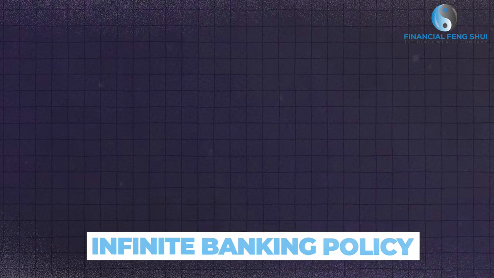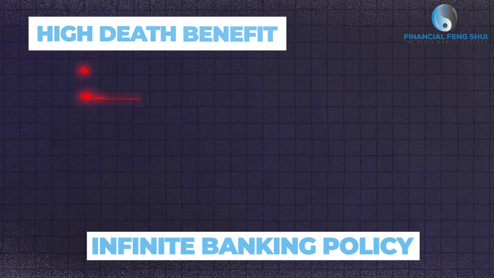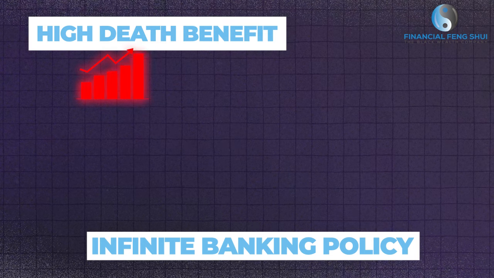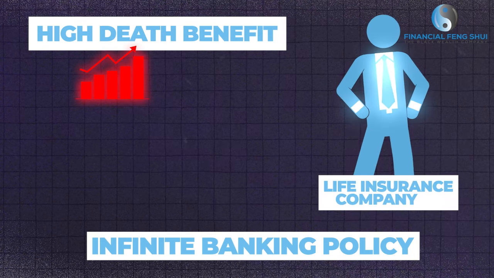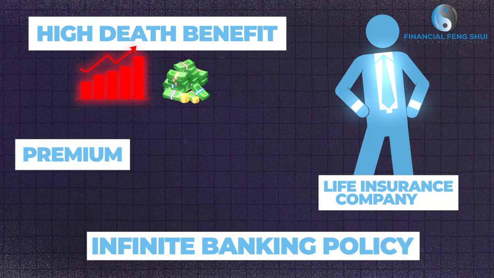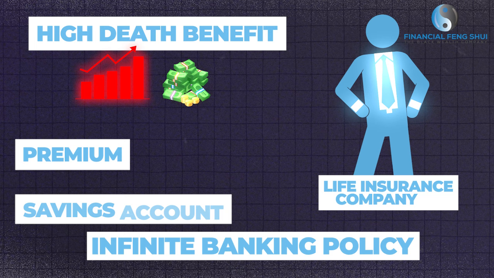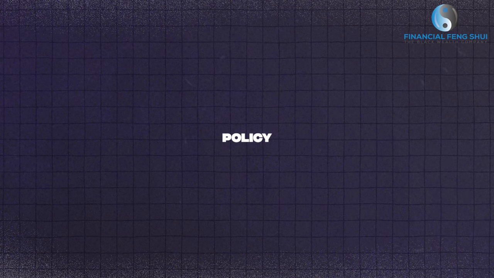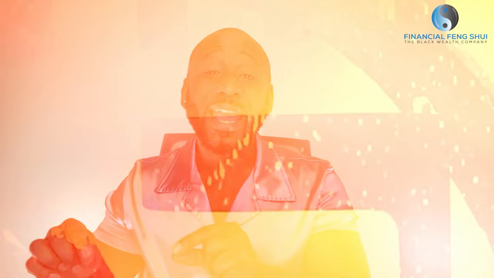So if you have an infinite banking policy with too much death benefit, the life insurance company is going to use more of your premium to pay for the death benefit, and less of your premium will go into your savings account. Because remember, the infinite banking setup is a life insurance policy with a savings account and a death benefit. They're one and the same.